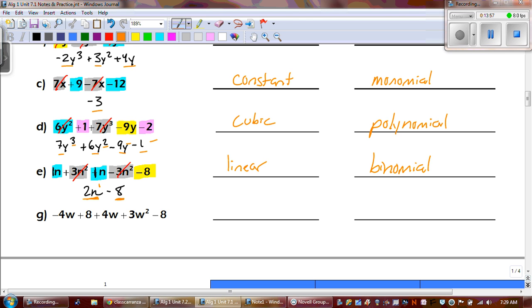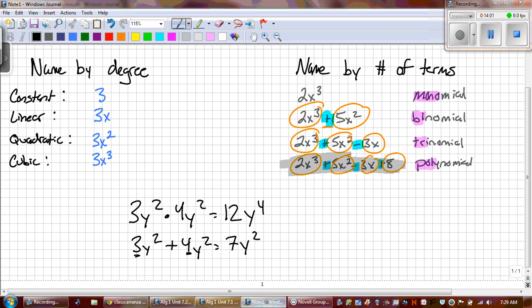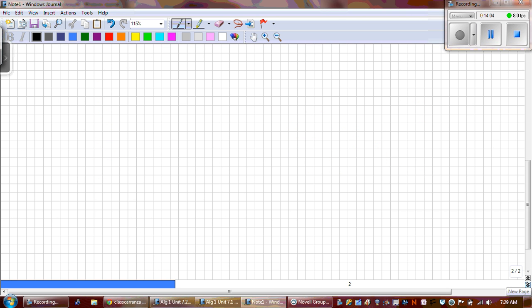All right, I know F is not on my sheet, but it's on yours. So why don't you guys try F and see how you do. Okay, so I'm looking for the highest exponents.